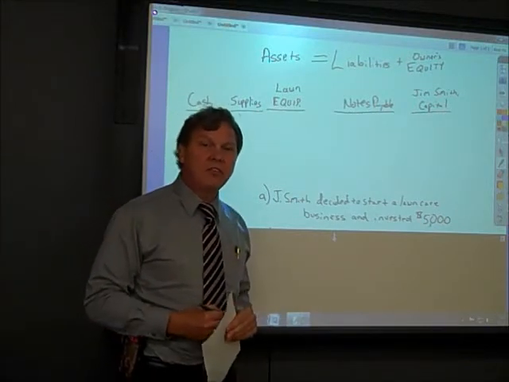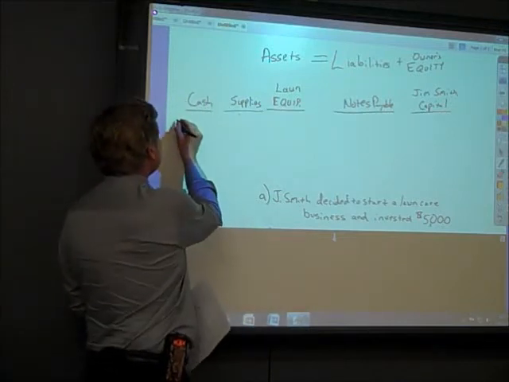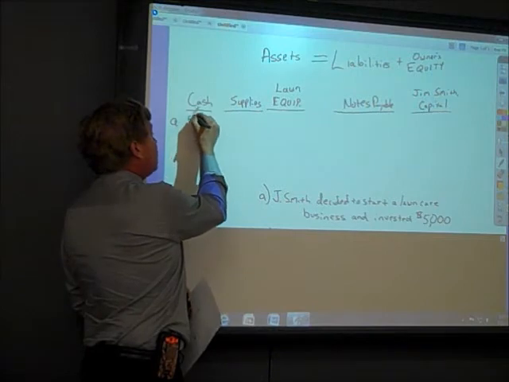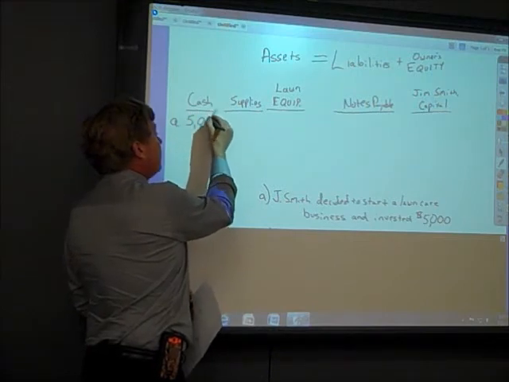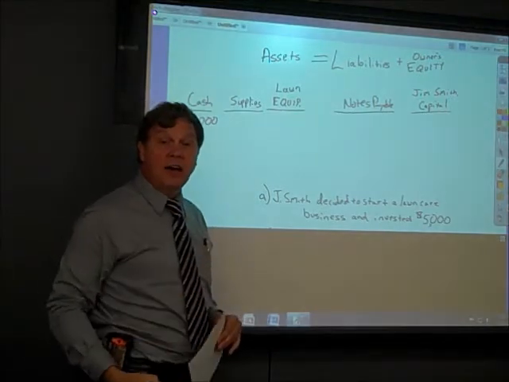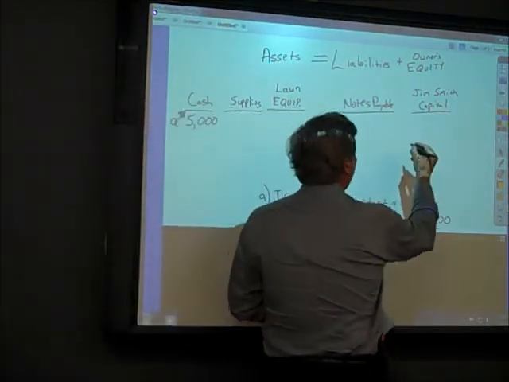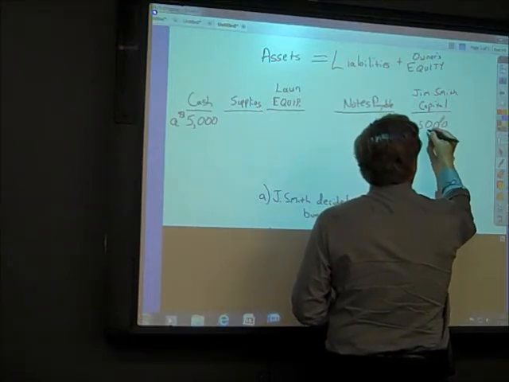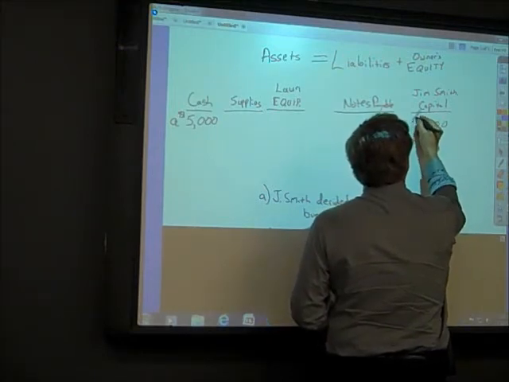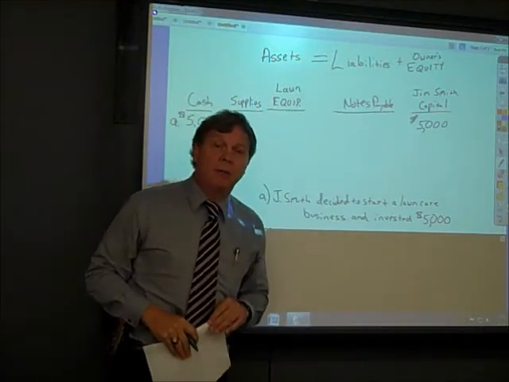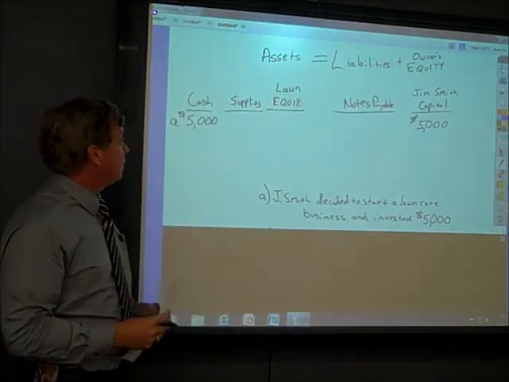Well, they got $5,000 cash. So under the cash account, I'm going to list $5,000. And under Jim Smith Capital, I'm going to list $5,000.